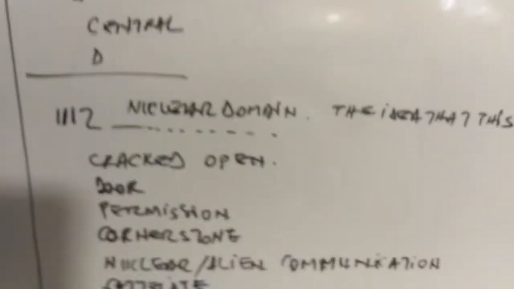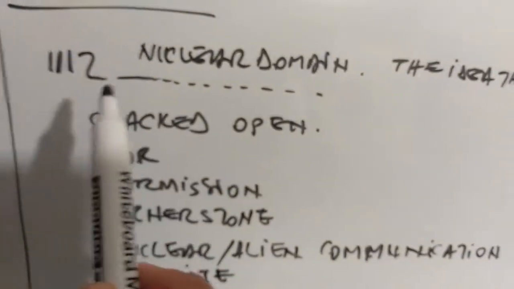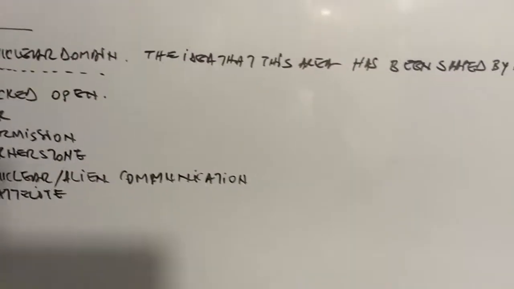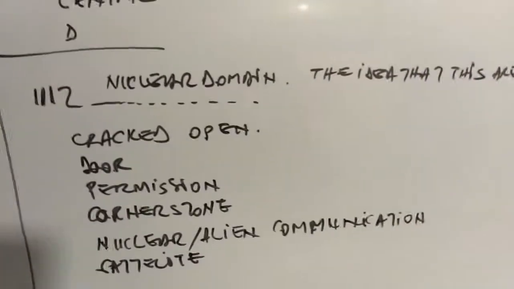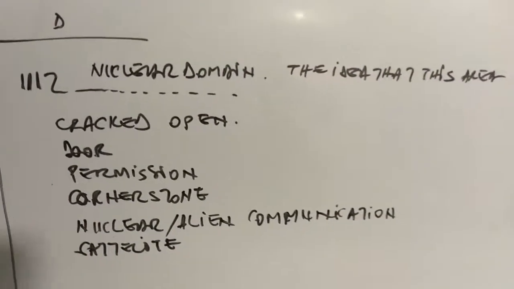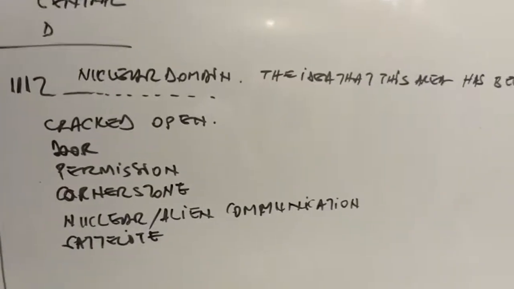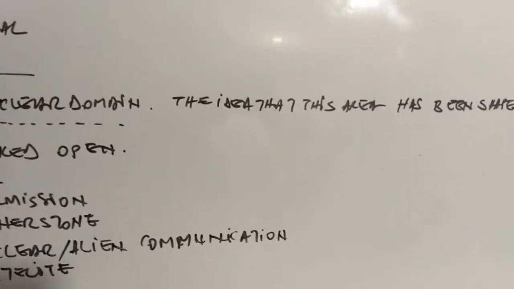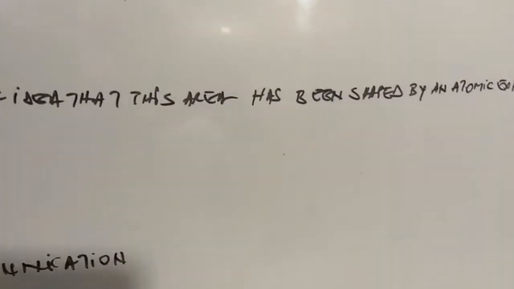Then I tried again to access the whole target using the ascribed number. I suddenly got this idea that this area has been shaped by an atomic explosion. So if the petroglyph is from Rinconada, again New Mexico, then I think that the people that gave me the target are actually believing that this area may have been shaped a long time ago by some kind of nuclear explosion.